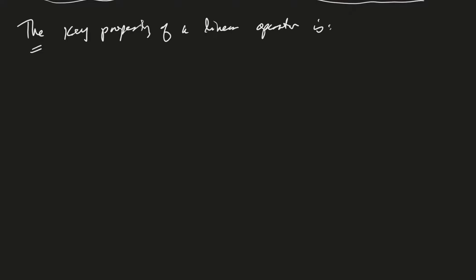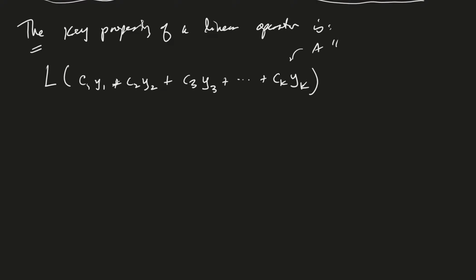is the following. If I take the operator L and I apply it to C1 times Y1 plus C2 times Y2 plus C3 times Y3 plus ... plus CK times YK. By the way, this is called a linear combination of Y1 through YK.